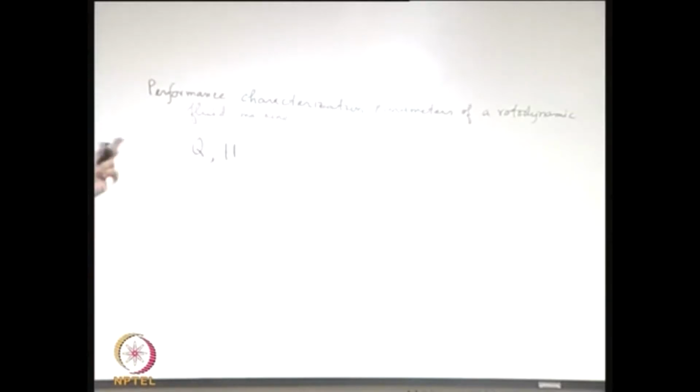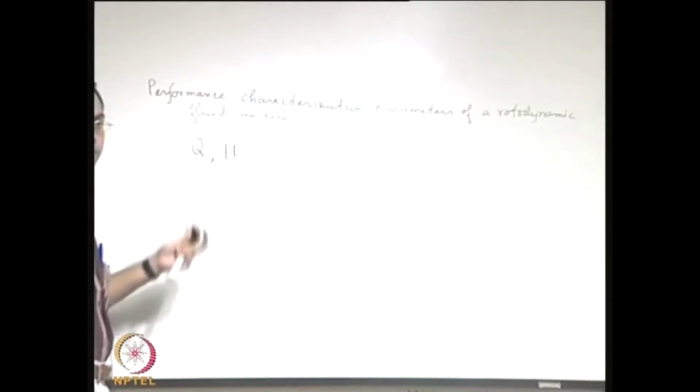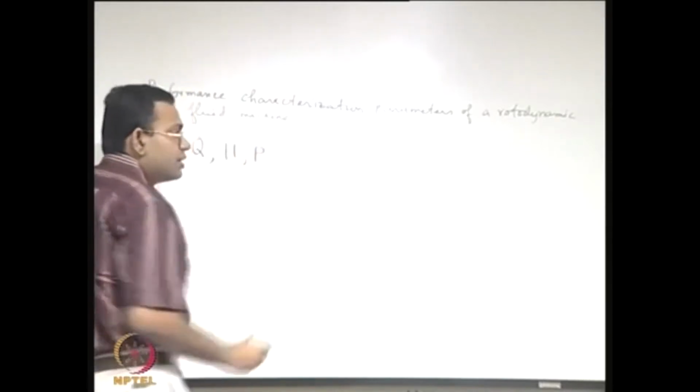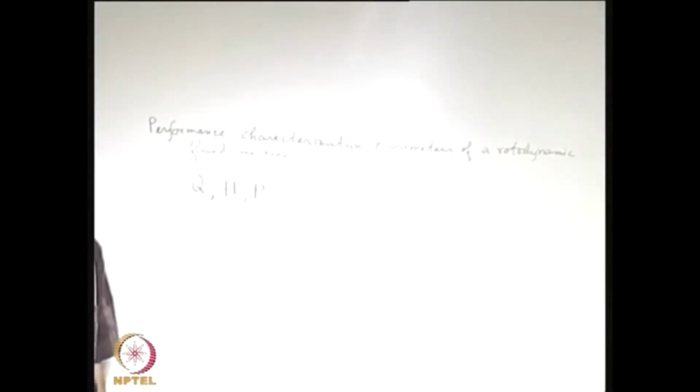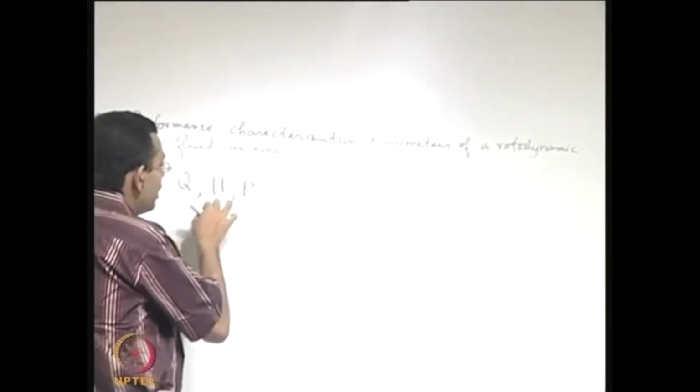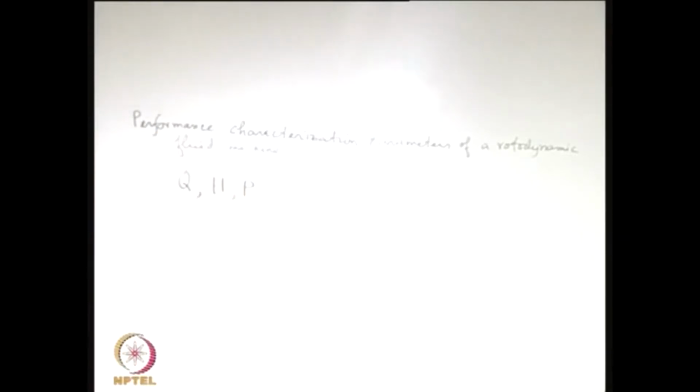So that means the head and the discharge were important, and eventually the power is also important. The power is more important when you consider that as an output parameter. For example, for a turbine, at the end you are interested to get a feel of what is the power output from the turbine. So Q, H, P, these are some of the important output parameters.